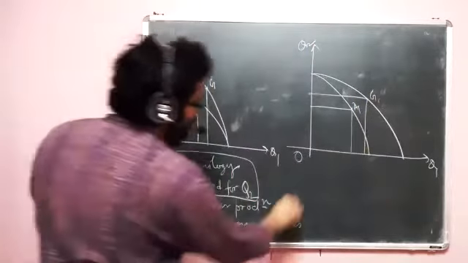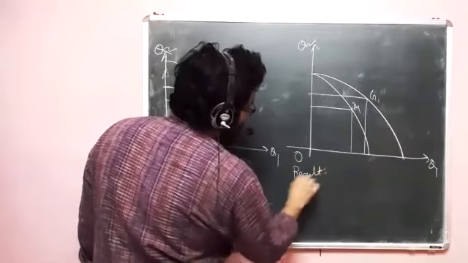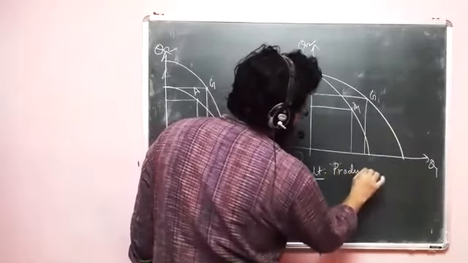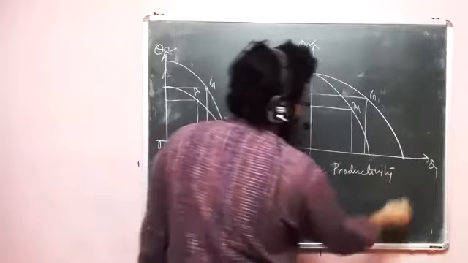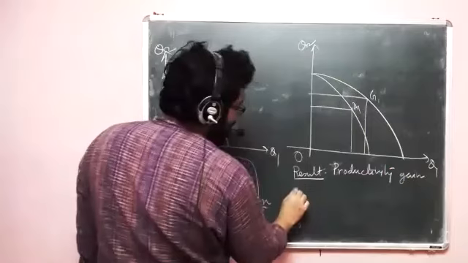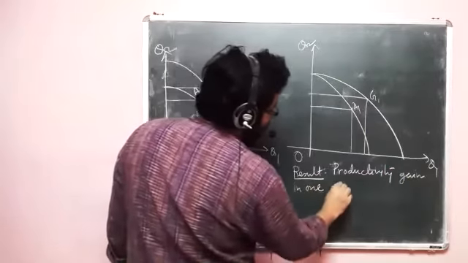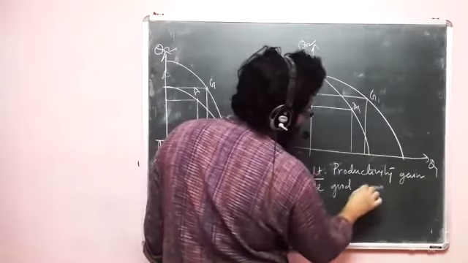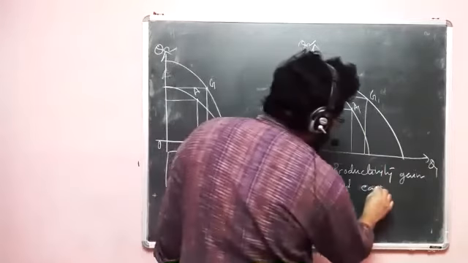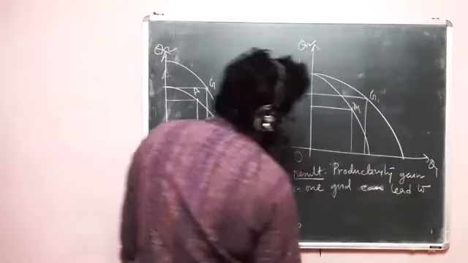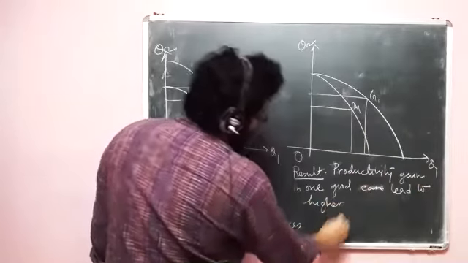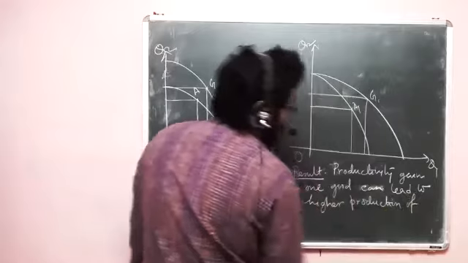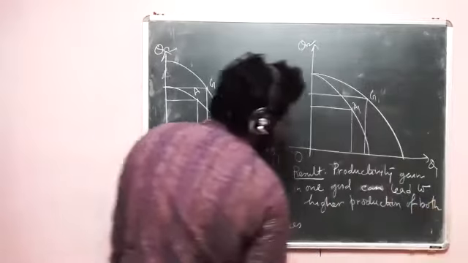So what is the important final result that we have? The result is that productivity gain in one good may lead to, or not may, actually can, whether we choose or not is a different thing, can lead to higher production of both goods.